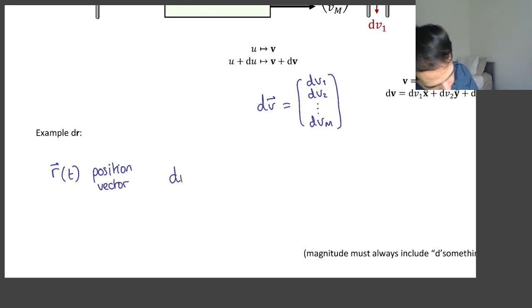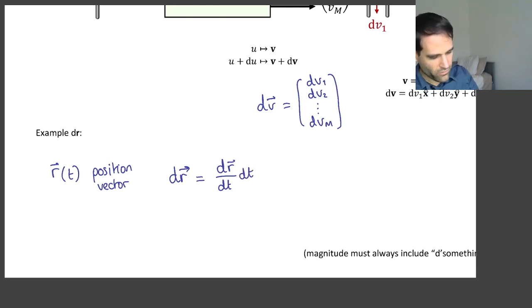So dr is by how much r changes when we change t by an amount dt. Okay, and one way you can find it is by using this chain rule. This is dr over dt multiplied by dt.